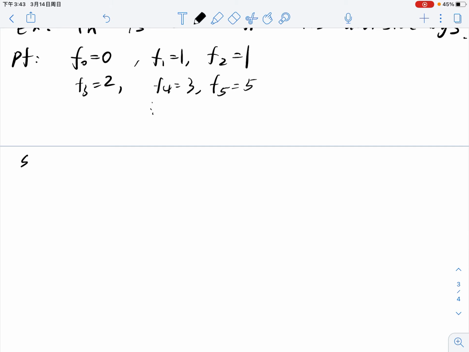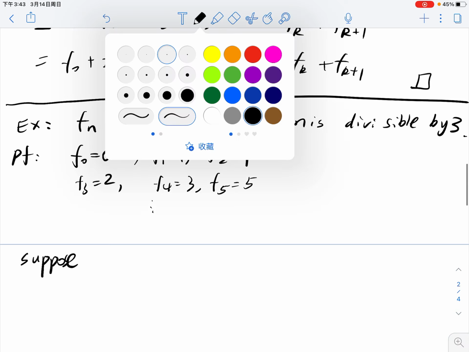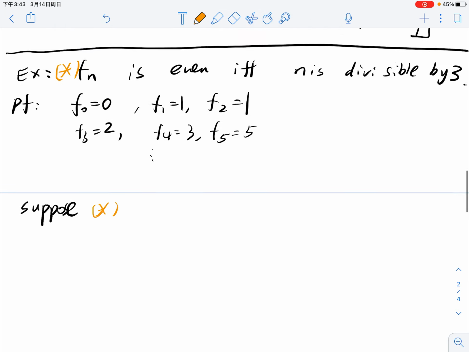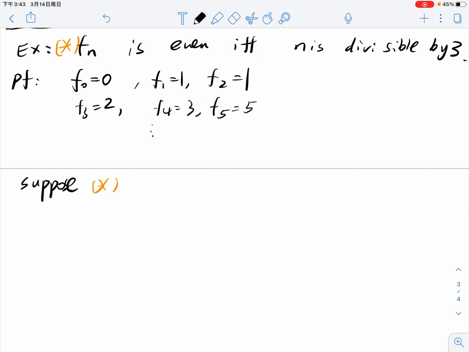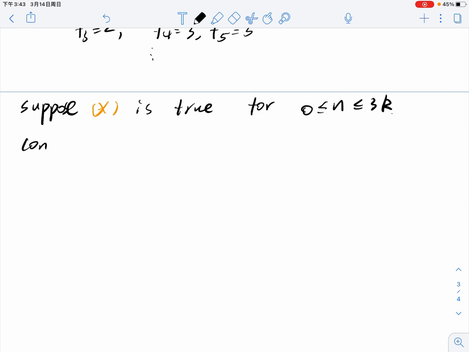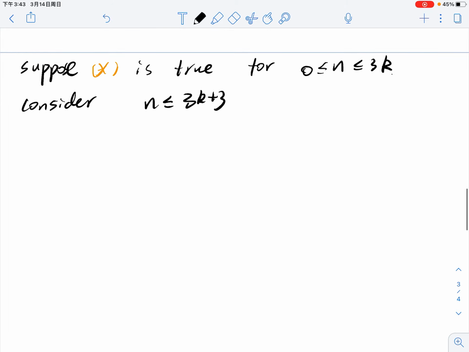And now, suppose, let's call this orange star. Suppose orange star is true for n between 0 and 3k, and then consider the case n is less than 3k plus 3.